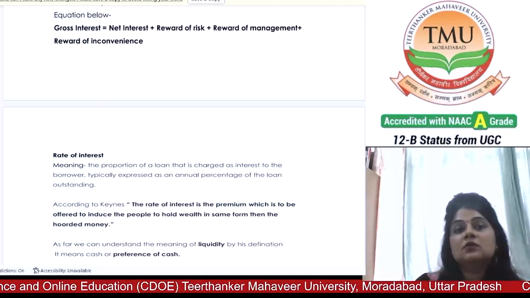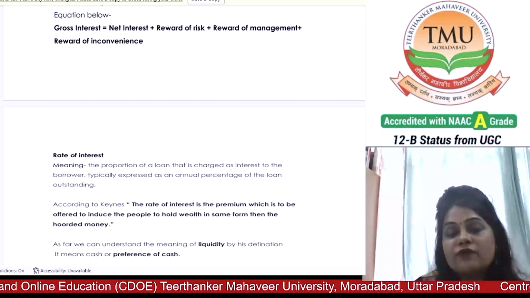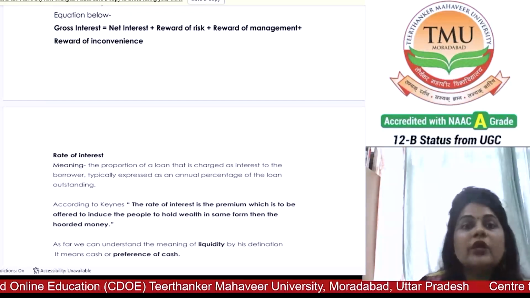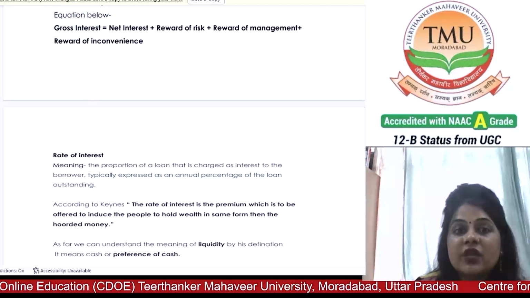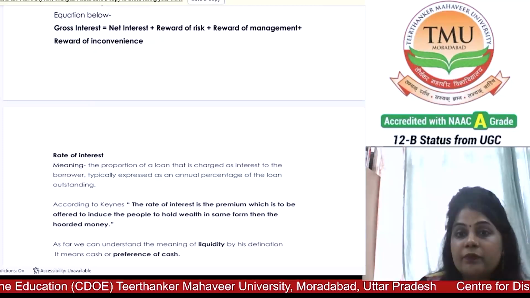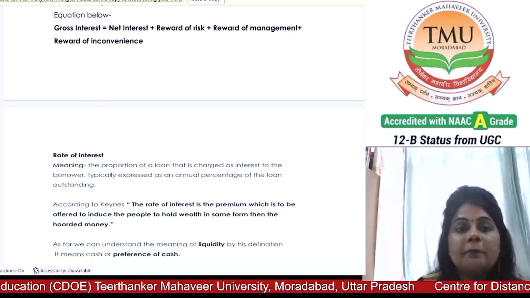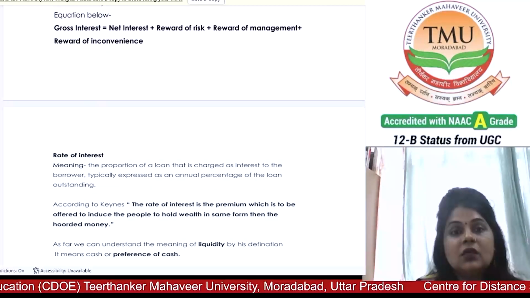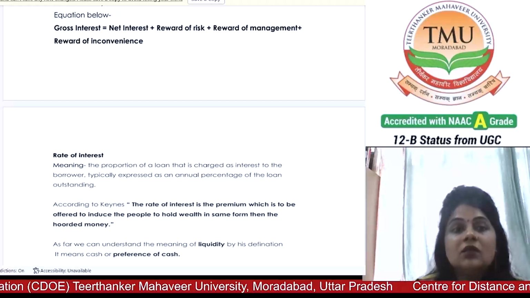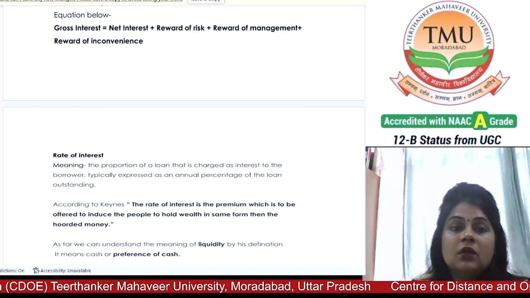In the words of Keynes, interest is the reward for parting with liquidity for a specific time, and the rate of interest is that premium which is to be offered to induce the people to hold back in some form other than hoarded money.